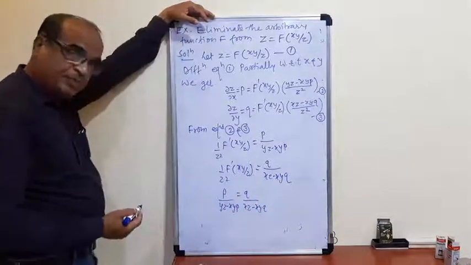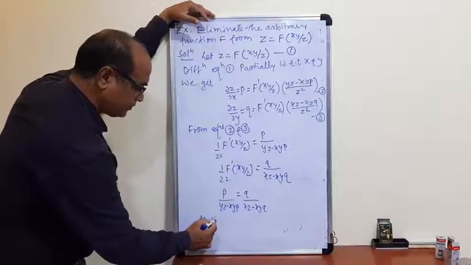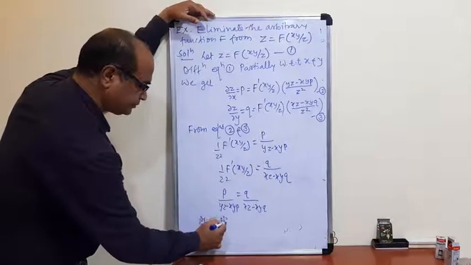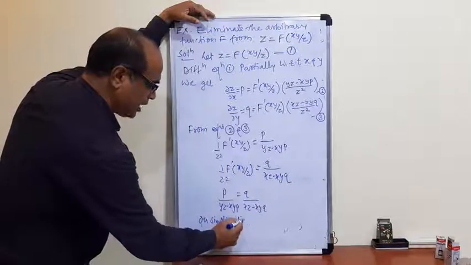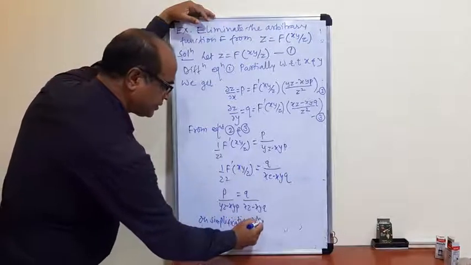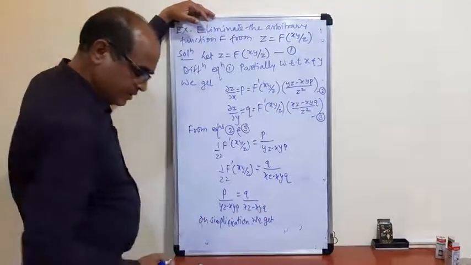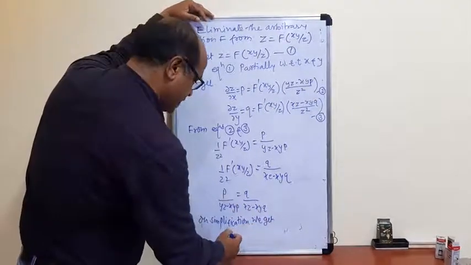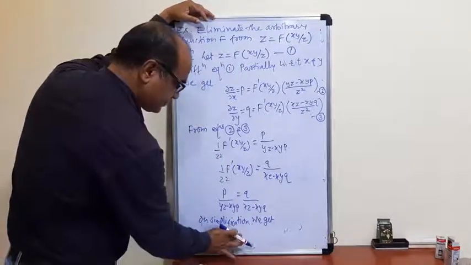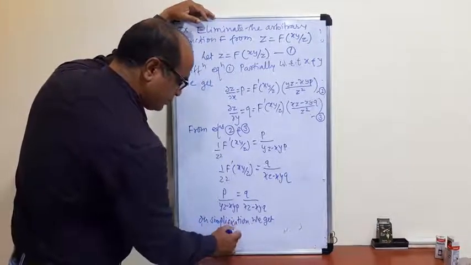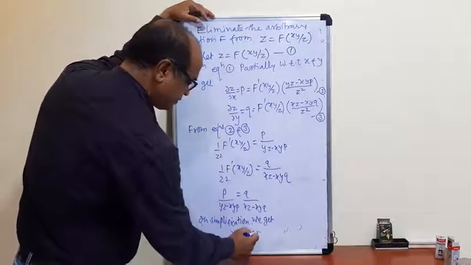So on simplification, we get xp minus yq is equal to 0.